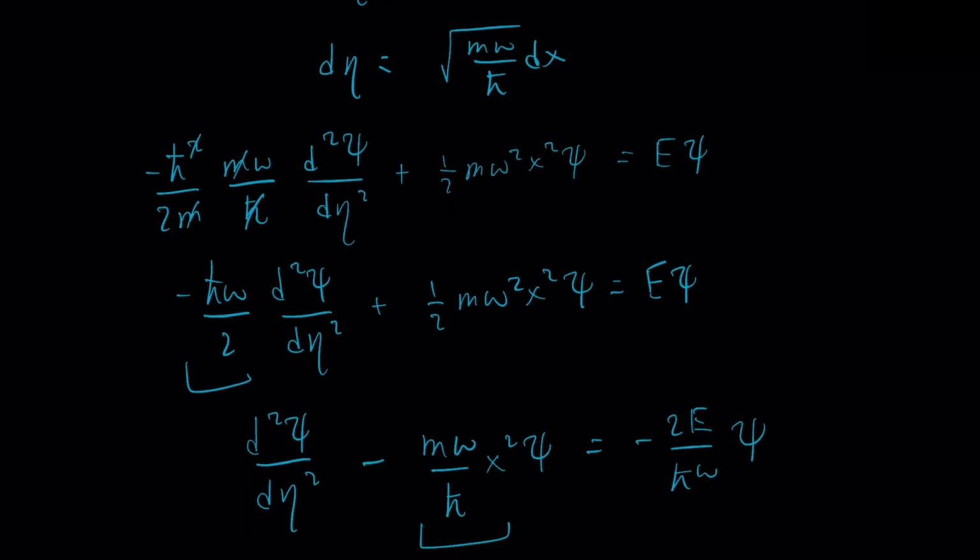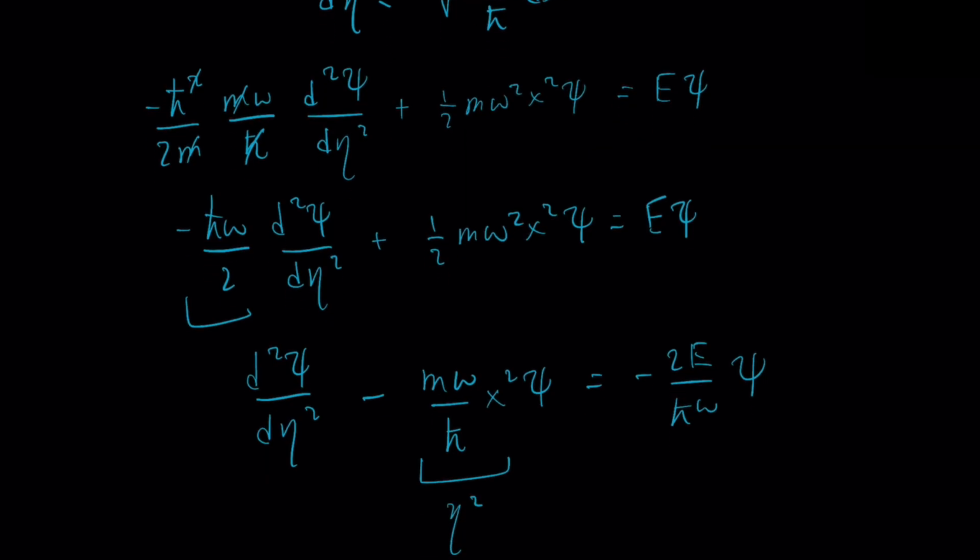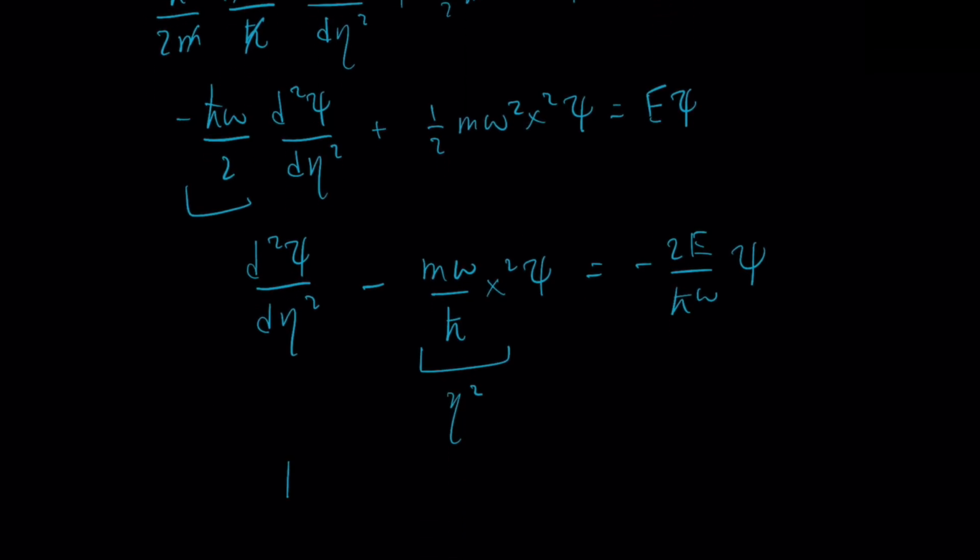And this is just eta squared, so that's pretty nice. And I'm going to rename this variable k. And so k is just our energy in units h bar omega over 2.